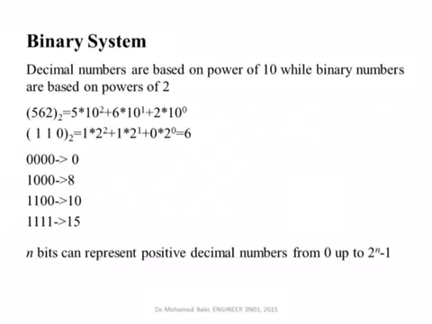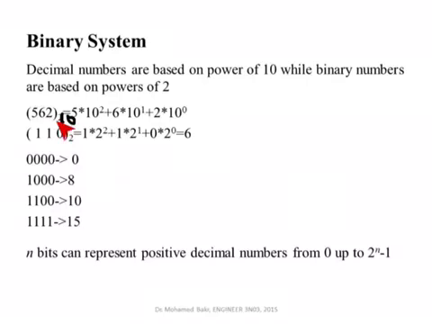We are more used to using decimal numbers in our calculations. Decimal numbers are based on powers of 10. For example, we have here something like 562, and I do have a typo here because this is 562 to base 10. So I will usually indicate the base in the subscript as shown here.